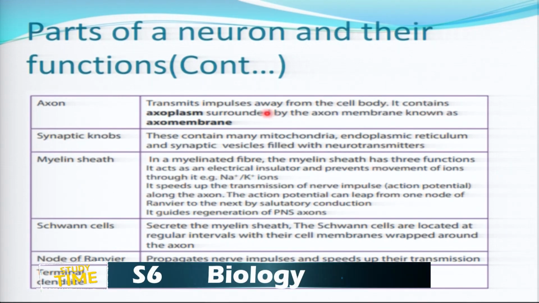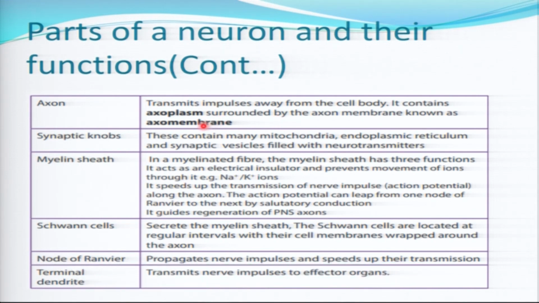It contains axoplasm, surrounded by axon membrane, known as the axolemma. This is the membrane of axon. So the axon has to carry the information, the impulse, away from the cell body.